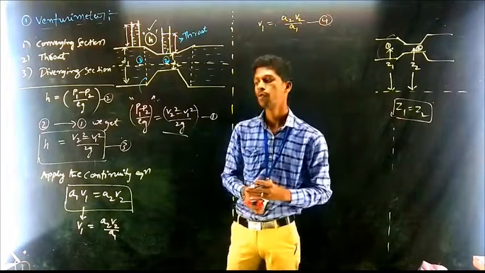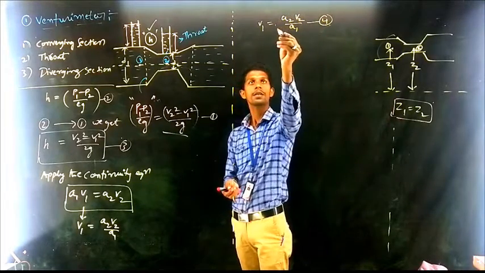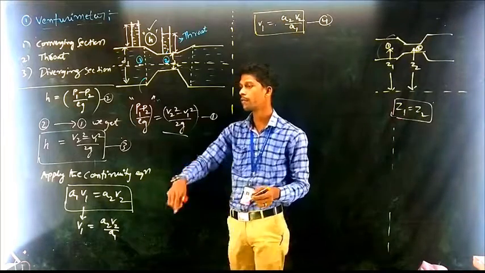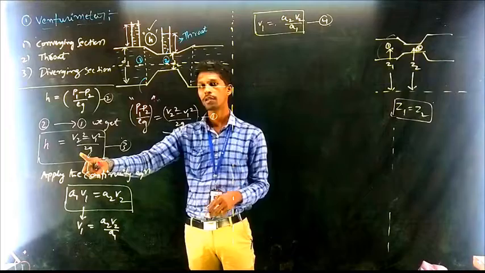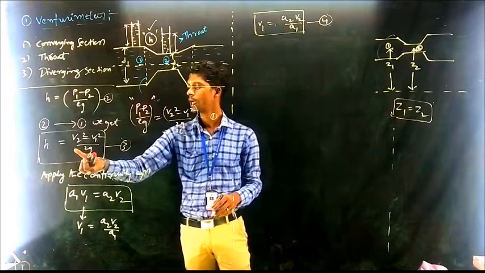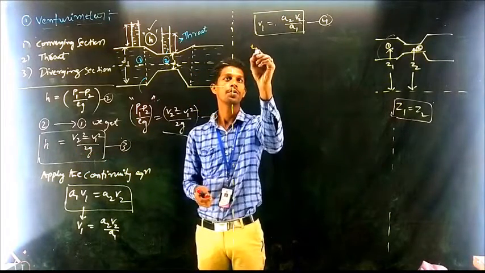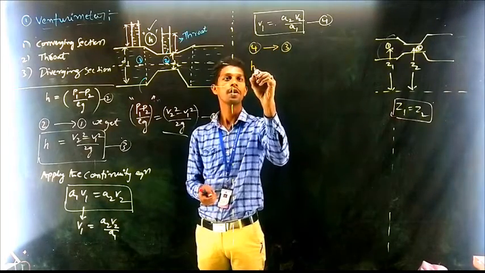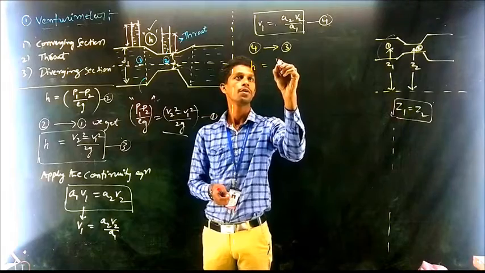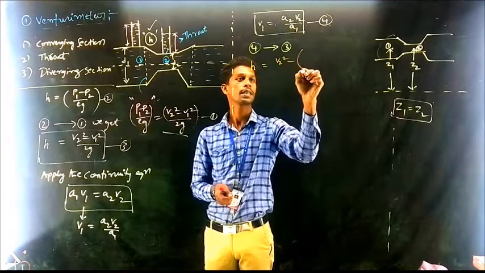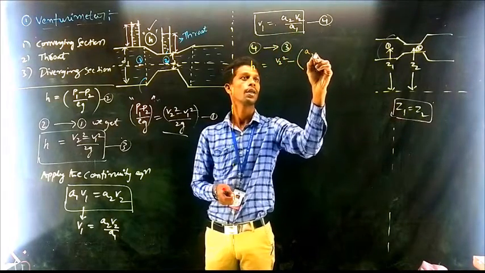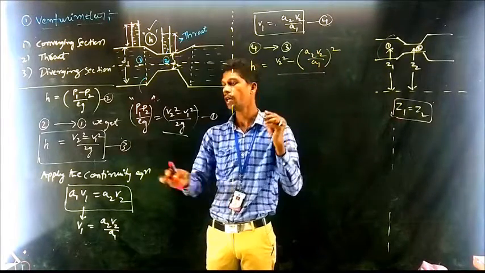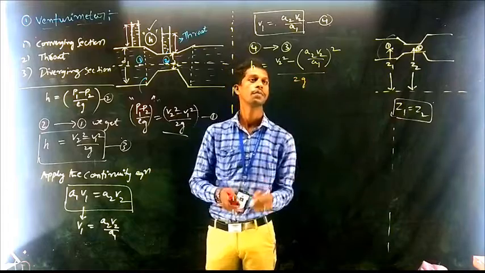Assume this is equation 4: V1 is equal to A2 V2 by A1. Substitute this in equation number 3, that means in the term h. So you will get h is equal to V2 square minus, in place of V1, A2 V2 by A1 whole square, by 2g.